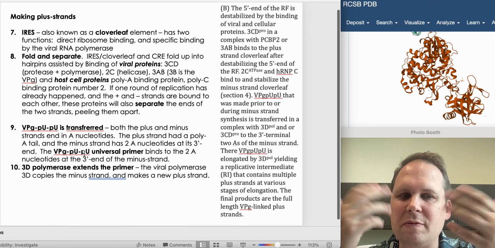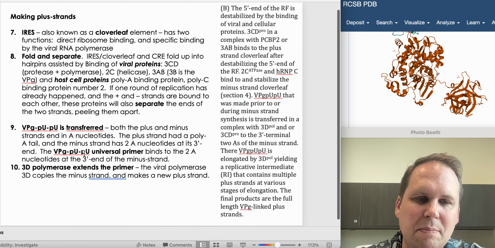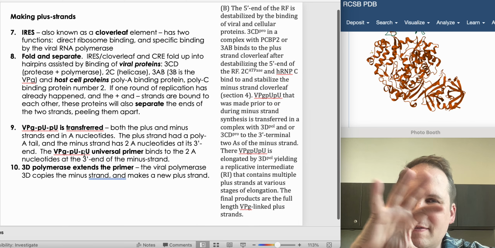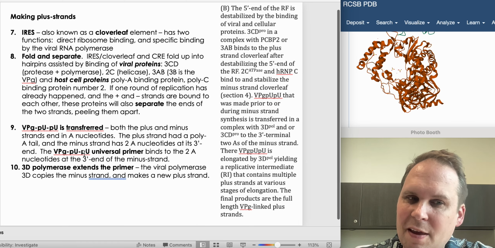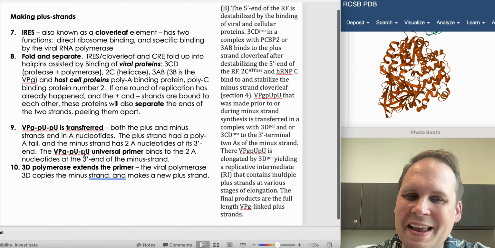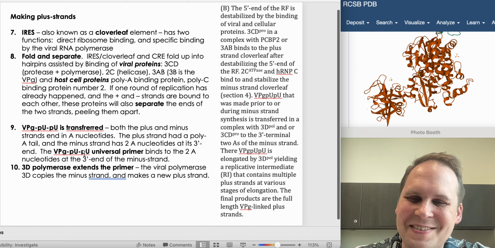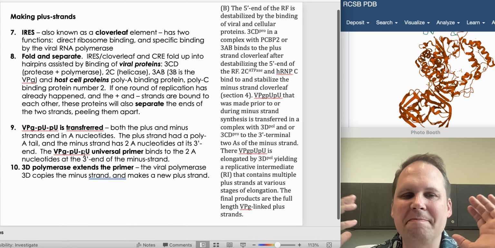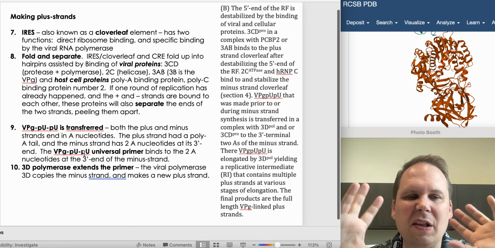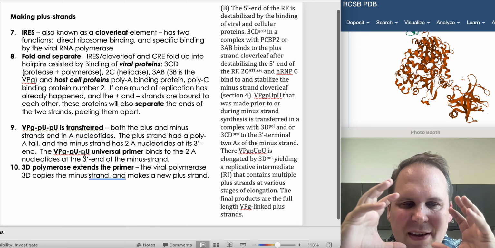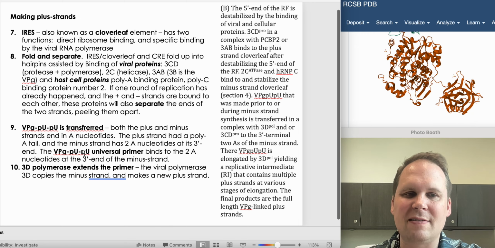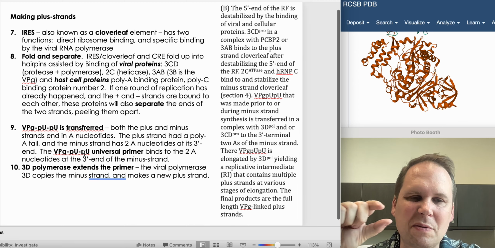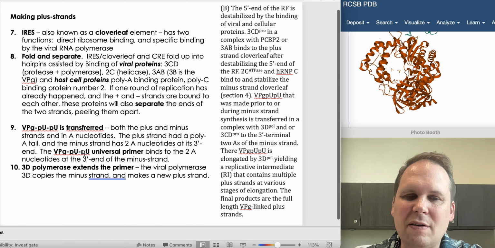And so there will be proteins, probably 3D protein, involved in positioning this, because there are lots of places where there are 2 A nucleotides in a row in this genome. It's pretty common. So there are extra sequences around there. There's a whole cloverleaf structure. These are going to help to get the right proteins and the right primer into the right position. It's all kind of a machine.